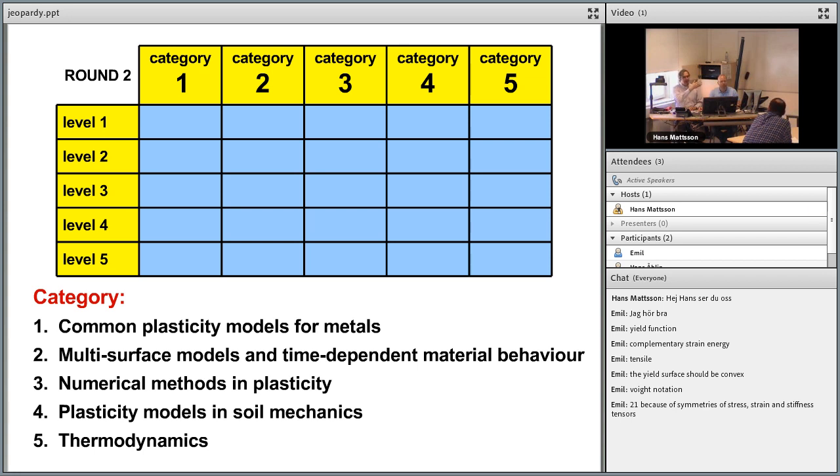It will not come up here in a PowerPoint picture. I will read the question, and then if you know the answer, you shout the group and group name. The first group that shouts, for instance, group 3, and Emil, you write group 3 in the chat here, so you just press enter.